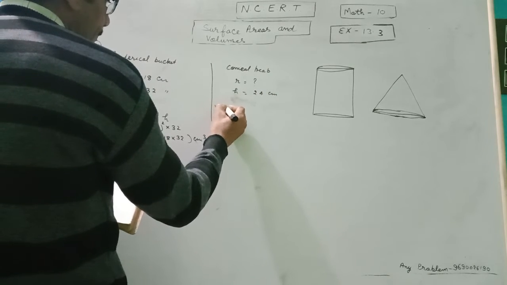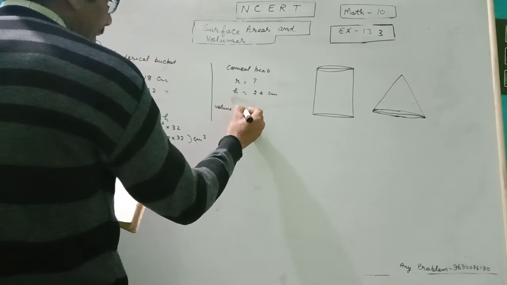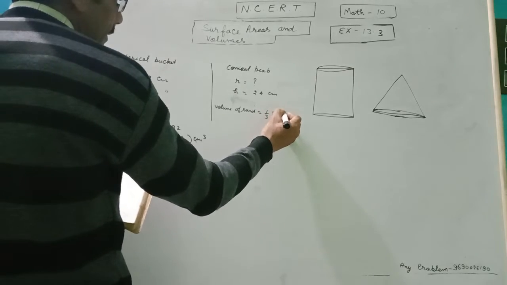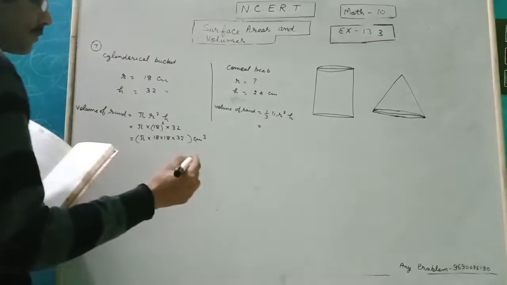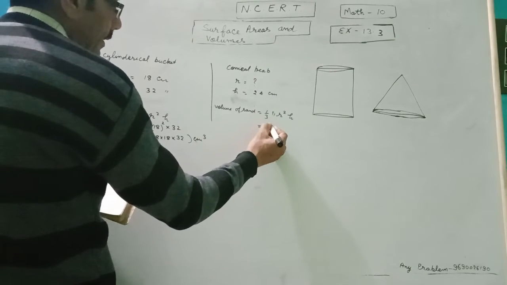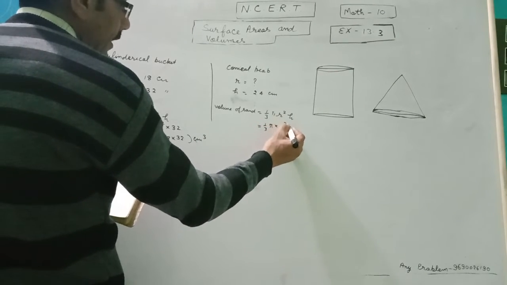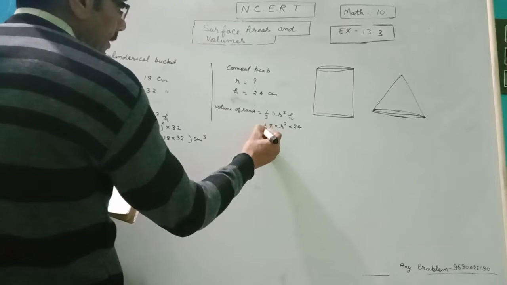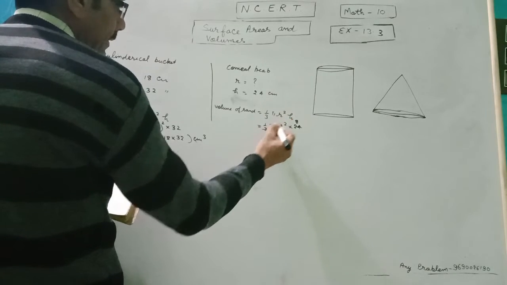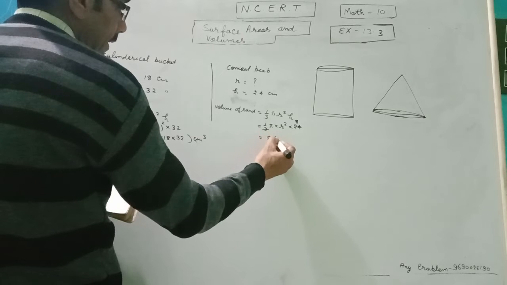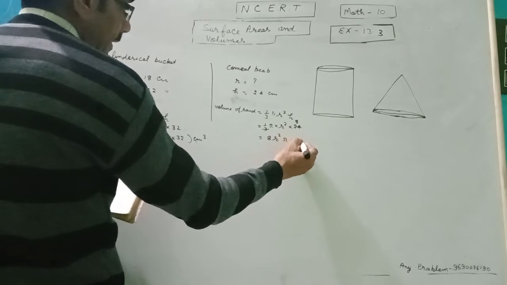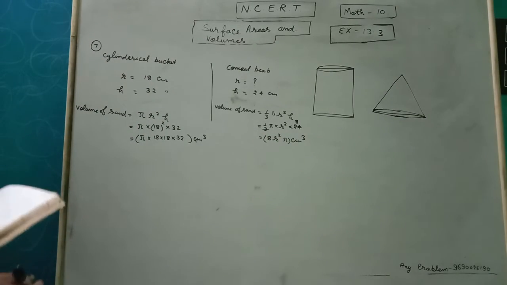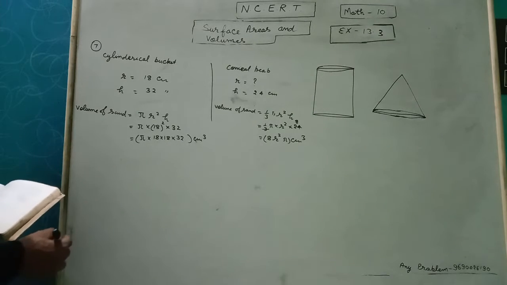Volume of sand is 1/3 pi r square h, that is the formula. 1/3 pi r square into h, the h value is 24. 24 divided by 3 is 8. So 8 r square pi cm cube will be the volume of the sand.